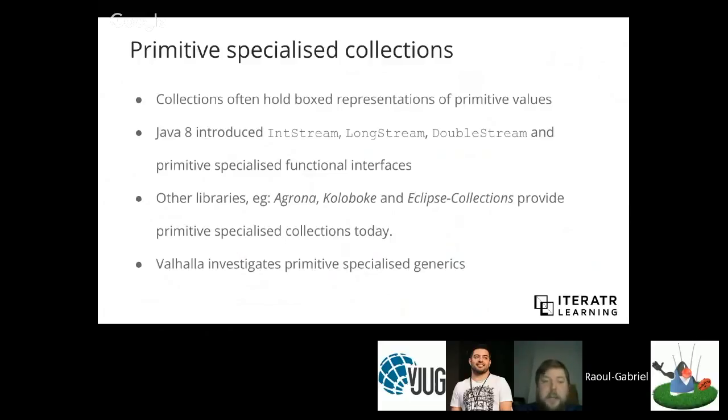So Java 8, just in the core libraries, added primitive specialized stream operations when it added stream operations. So there's an IntStream, a LongStream, and a DoubleStream that are primitive variants of the generic stream API. And to go along with them, there are primitive specialized functional interfaces as well.